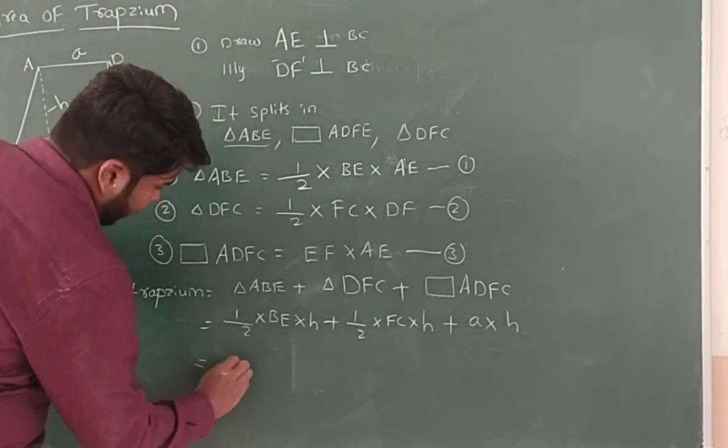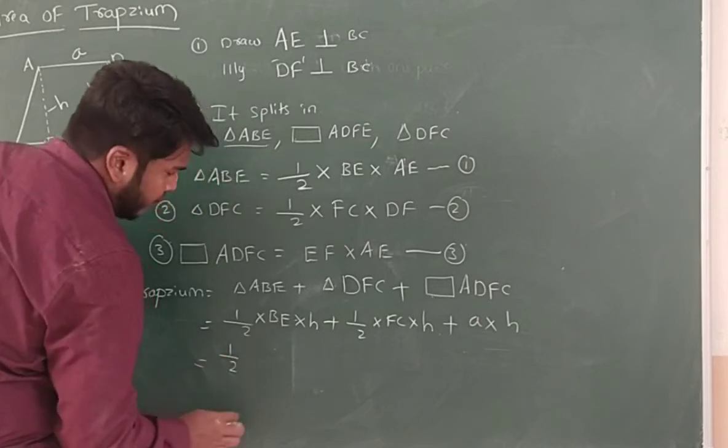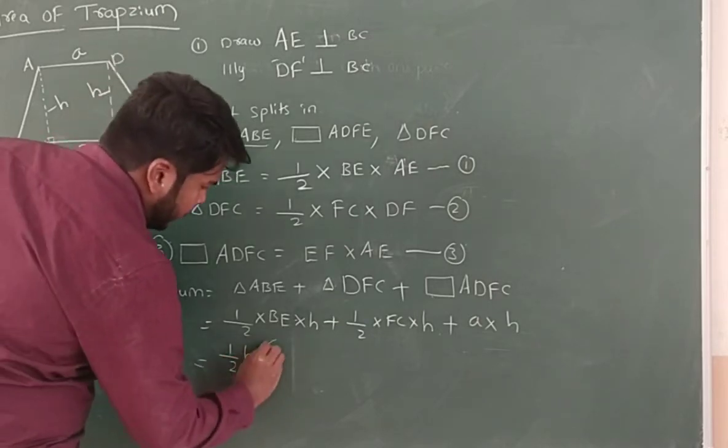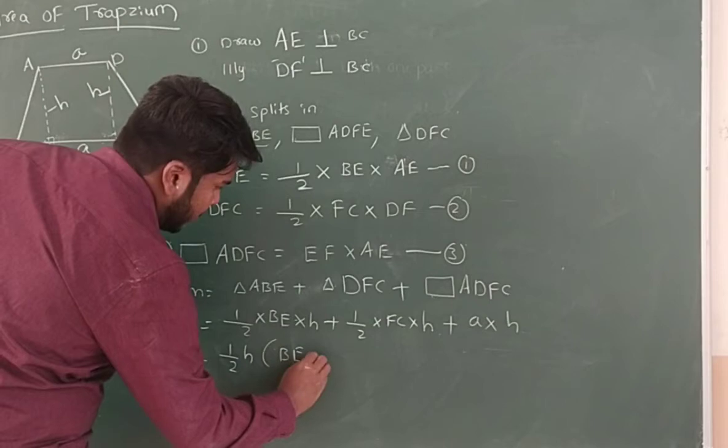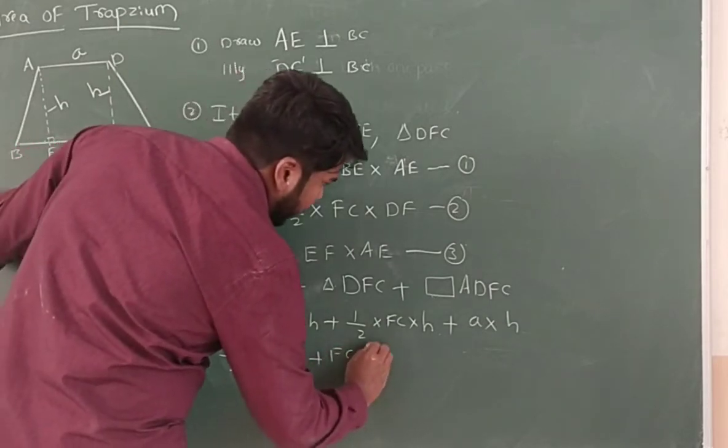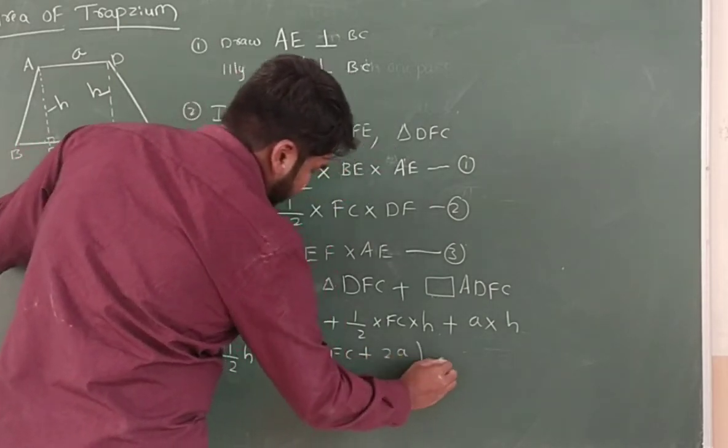Now you can take half h common. The remaining is BE plus FC plus 2a.